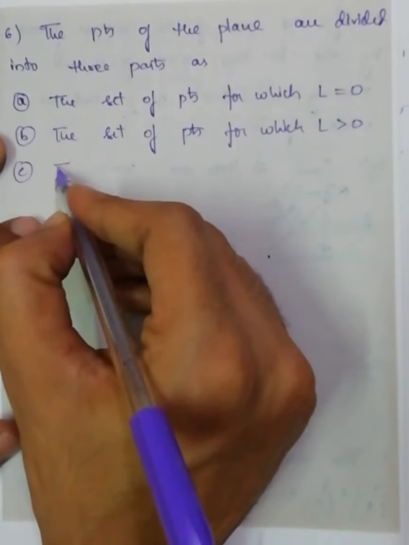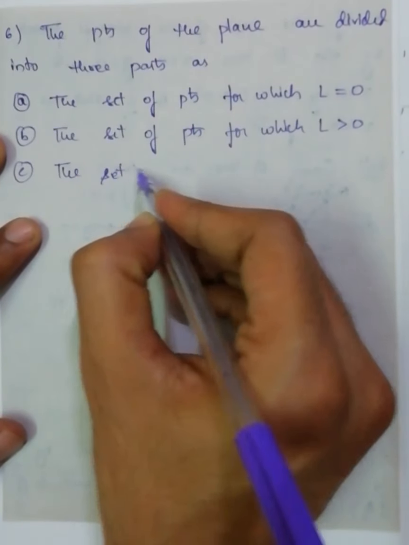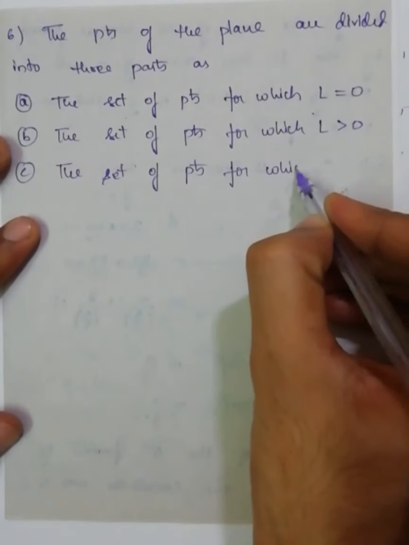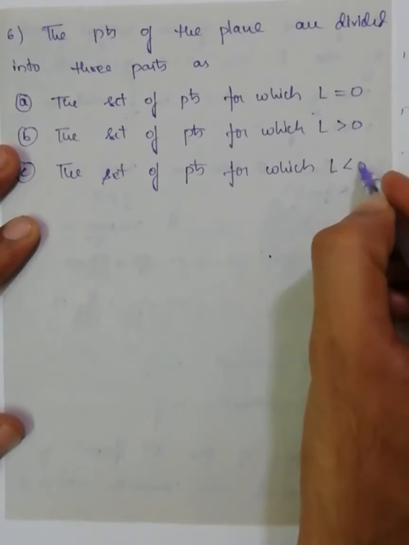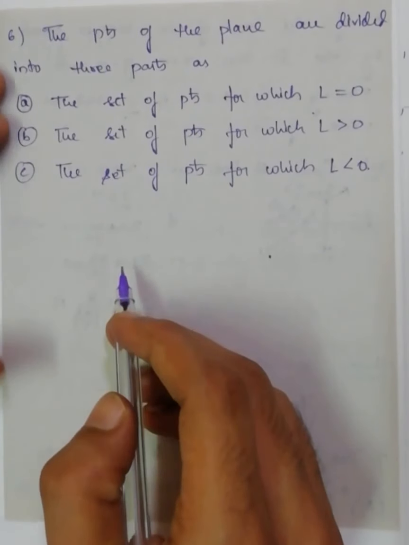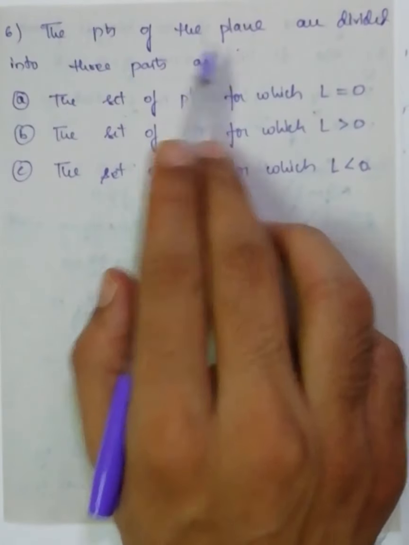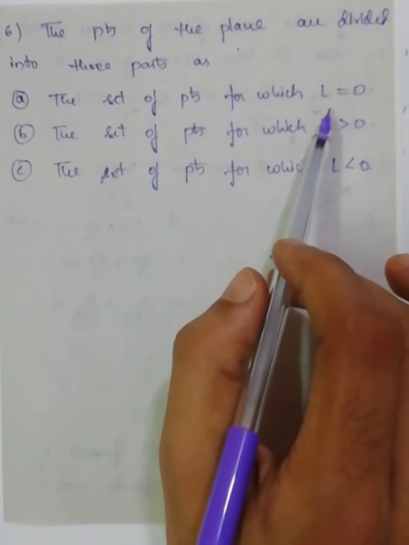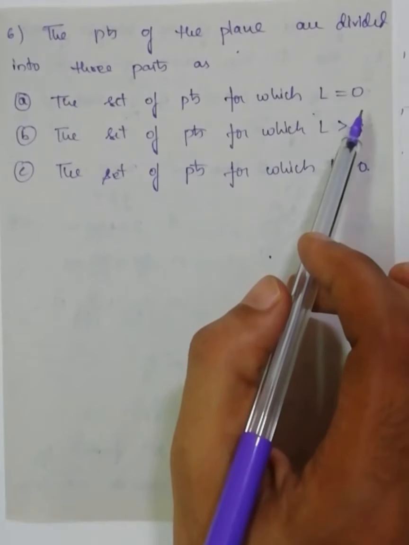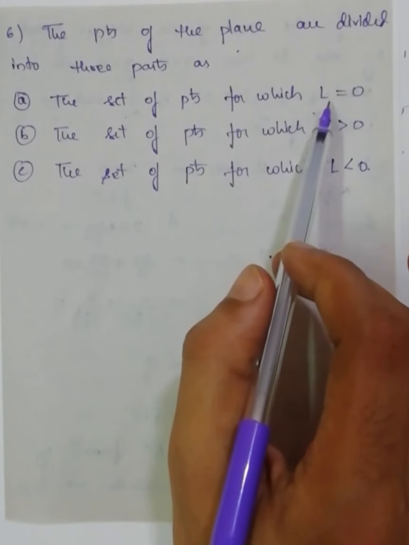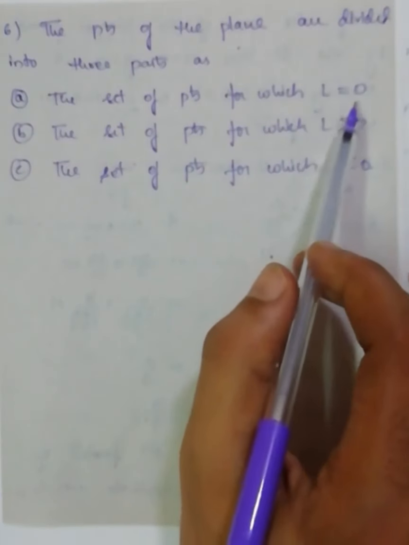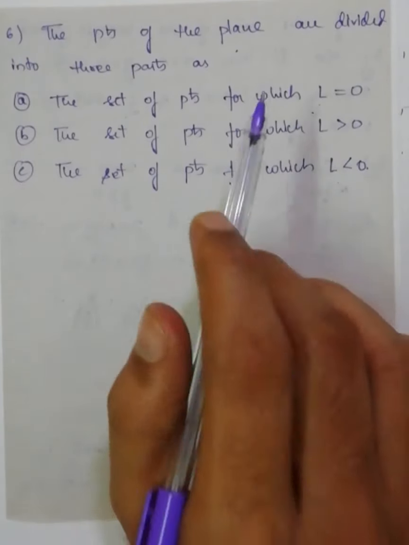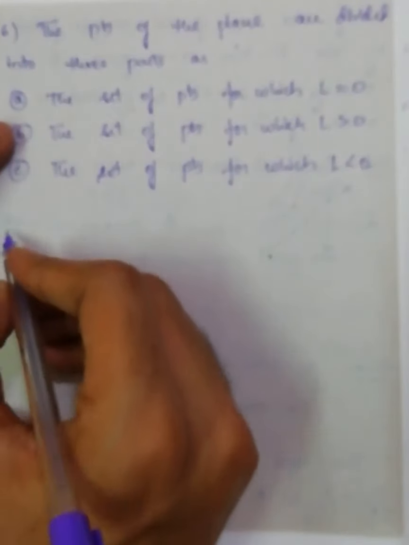C, the set of points for which L is less than 0. So the points on the plane are divided into three parts. Maybe the points lie on the line, maybe on one side, maybe on the other side. If the point lies on the straight line, then L is equal to 0. If it is on one side, we will get either greater than 0 or less than 0.